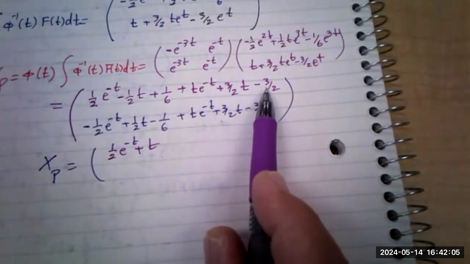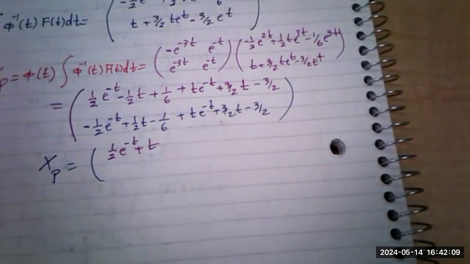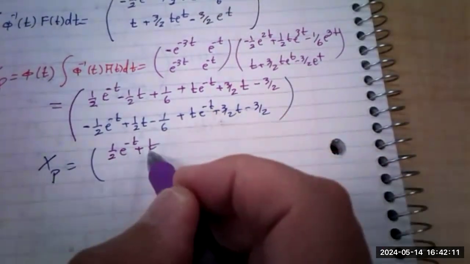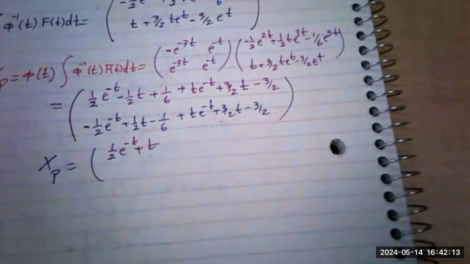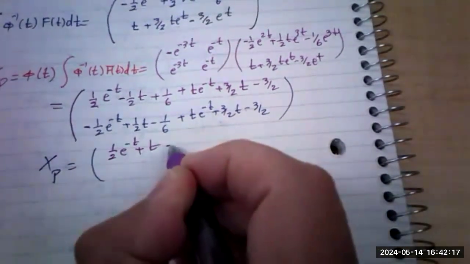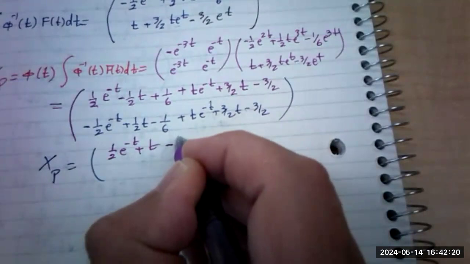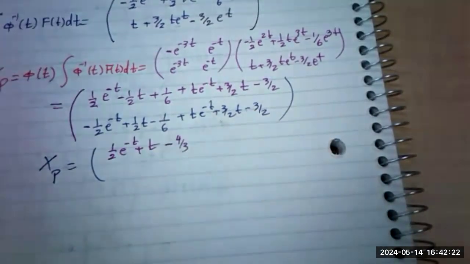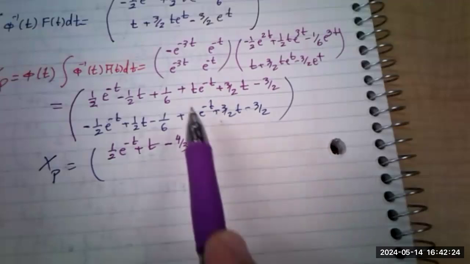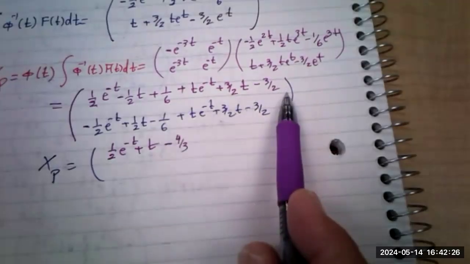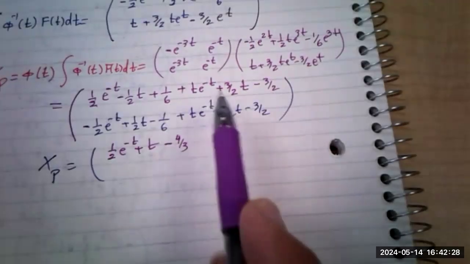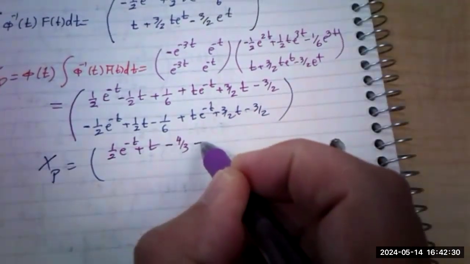So this is going to be like 9/6. It's going to be minus 8/6. You simplify it, that gives you 4/3. Then the t e to the negative t, you don't have anything for this one.